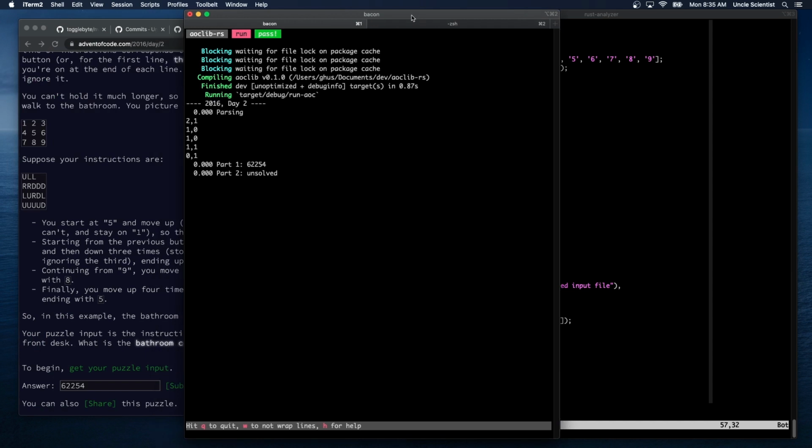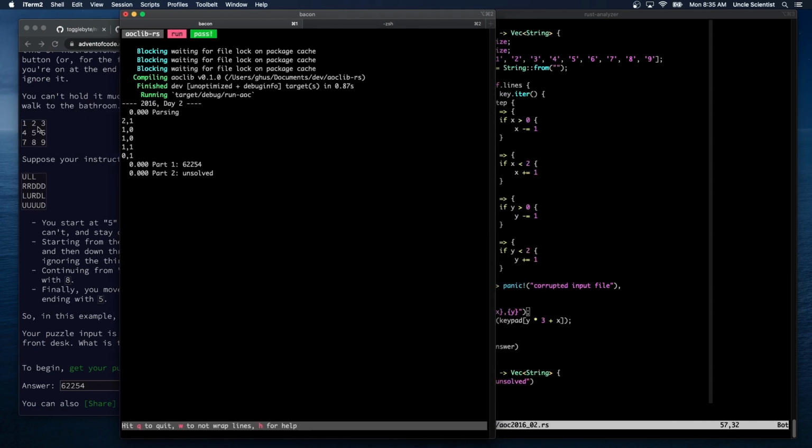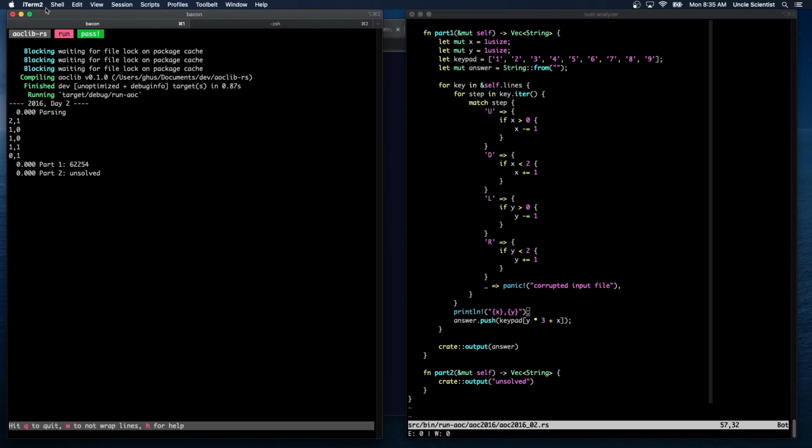So 2, 1, let's just go here. x2, y1 is 6. x1, y0 is, sorry, 2. 1, 1 is 5. And then 0, 1 is 4. Okay, so we're translating that correctly. So we must be coming up with these values incorrectly.